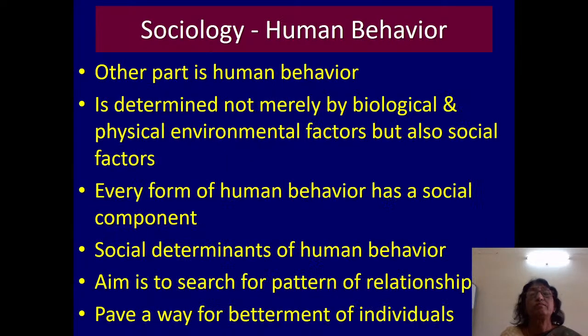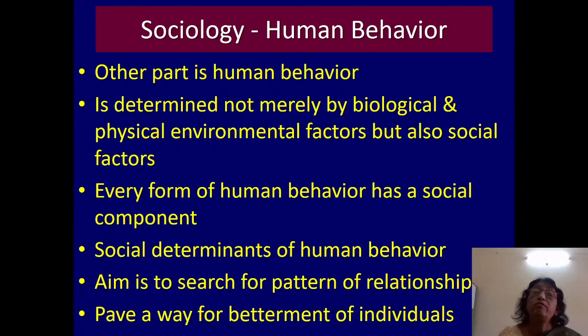Relationships. Other part is human behavior. From the beginning of my class, I am going on repeating the word human behavior. So human behavior is not merely conditioned by biological or social environment.